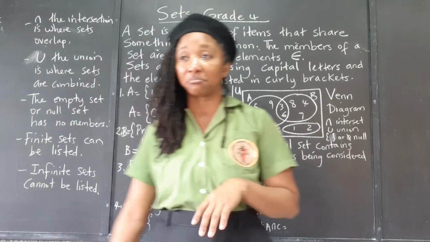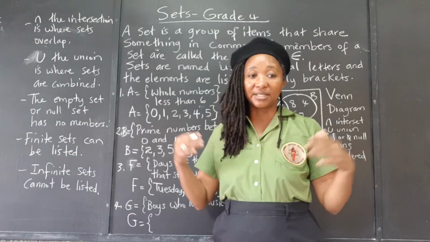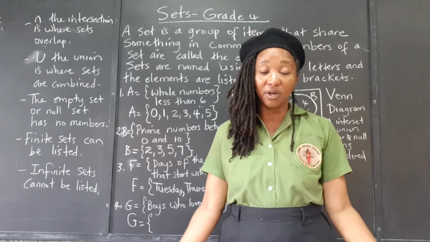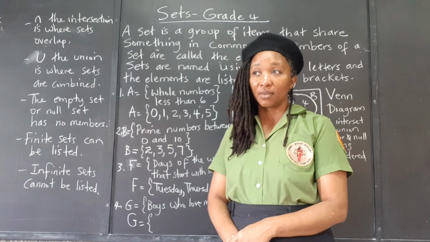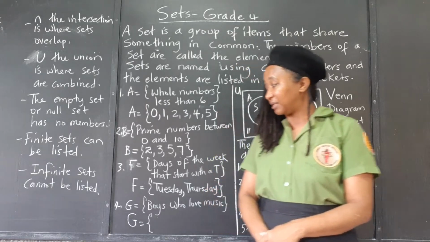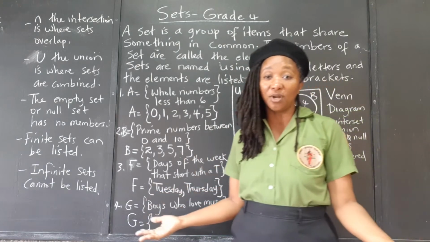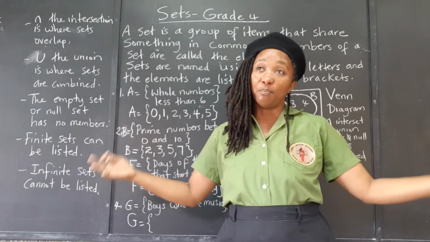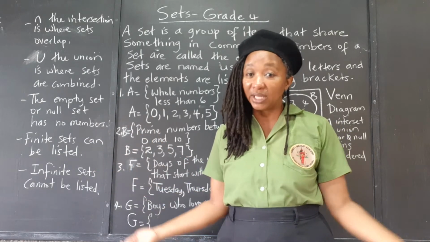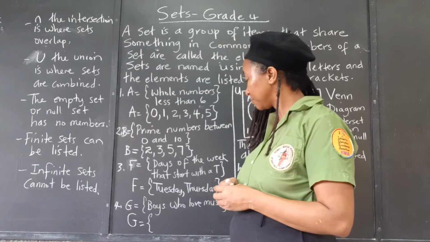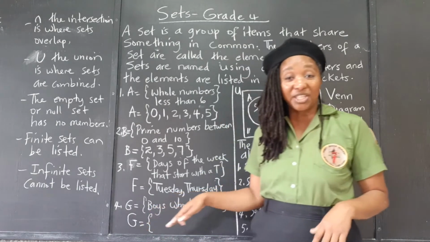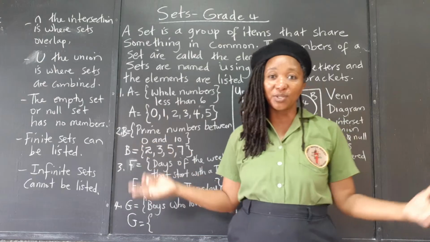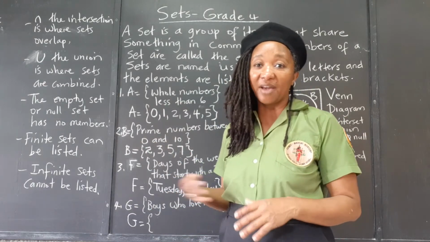He didn't say boys in class 4G who love music, or even boys in the school who love music. That would be a big group, but still possible eventually to define it. But just boys in general, boys around the world who love music, how are we going to ever list out this set?